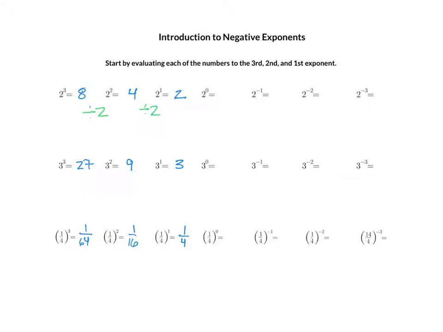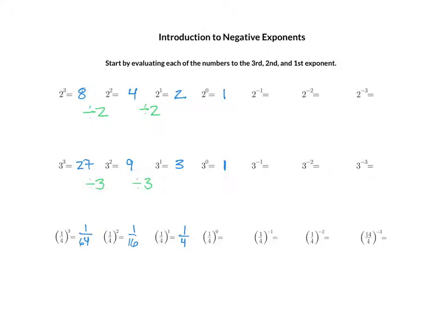So 2 to the 0, if we divide by 2, we get 1. On our 3's, we can divide by 3 to get from 27 to 9. Divide by 3 to get from 9 to 3. And now if we divide by 3, 3 divided by 3 is 1.